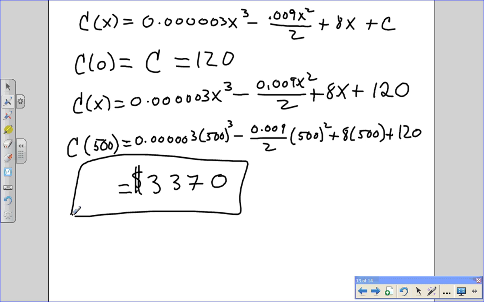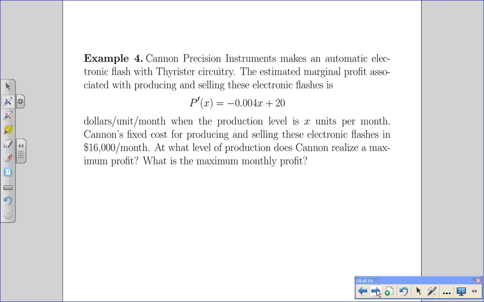Now, as I mentioned, you can have marginal cost, but you can also have marginal profit. And so here we have another word problem. We have Canon Precision Instruments, and they're making an electronic flash, and the marginal profit associated with producing and selling these electronic flashes is given by this equation.